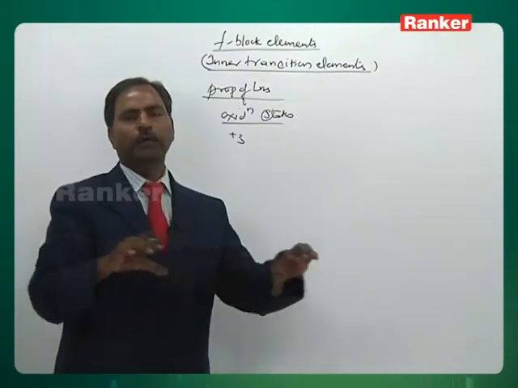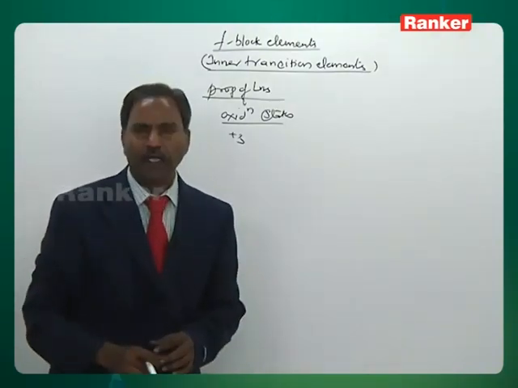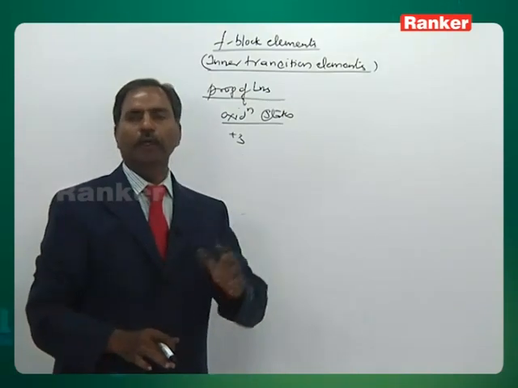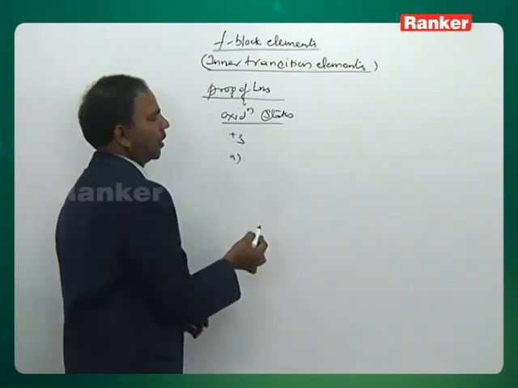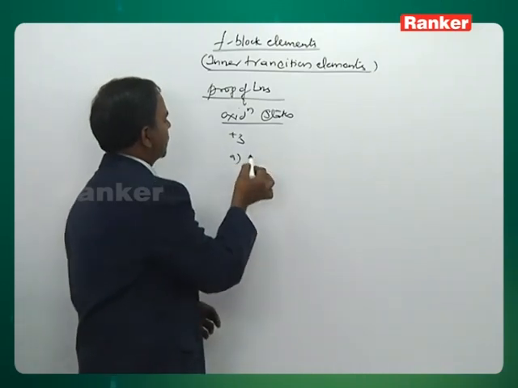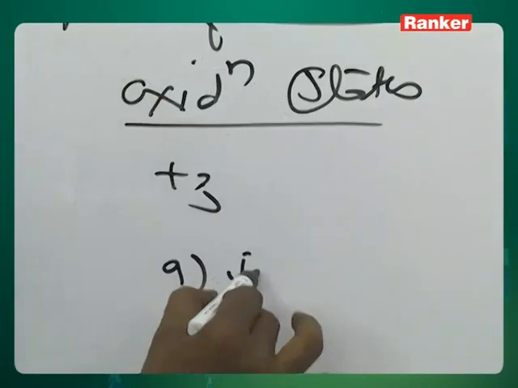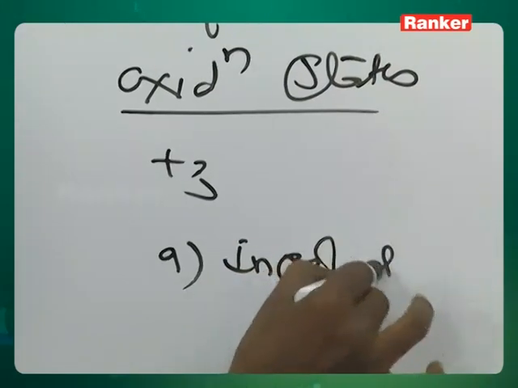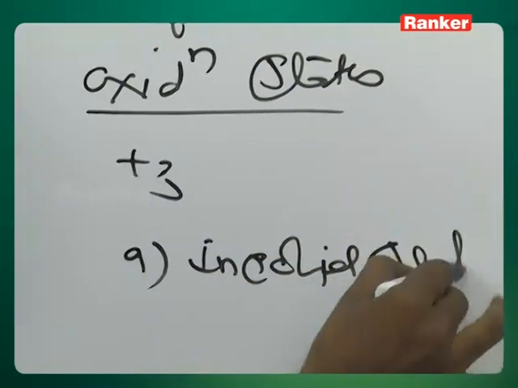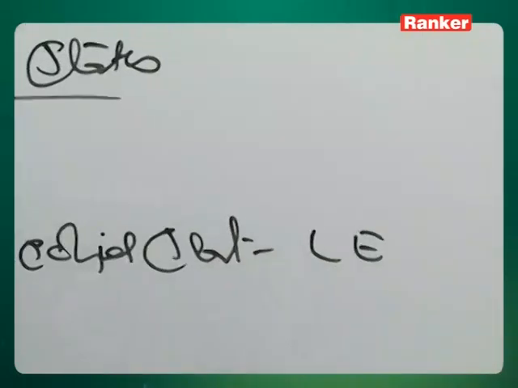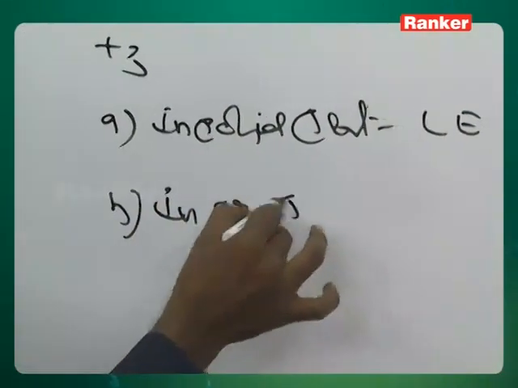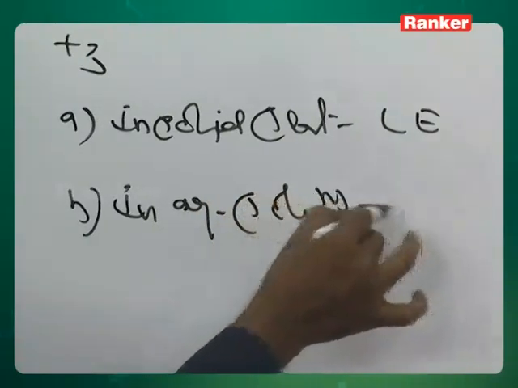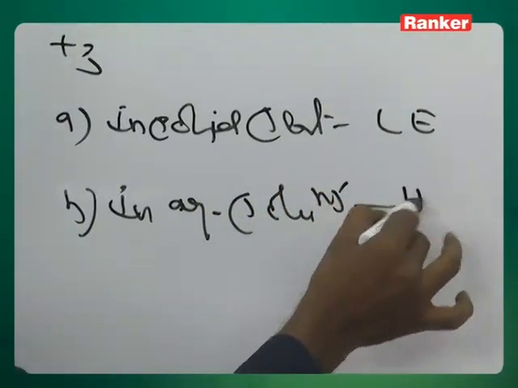Why do all these 14 lanthanides commonly exhibit the +3 oxidation state? What are the reasons for it? It is due to the lattice energies in the solid state, or in aqueous solutions the heat of hydration values.